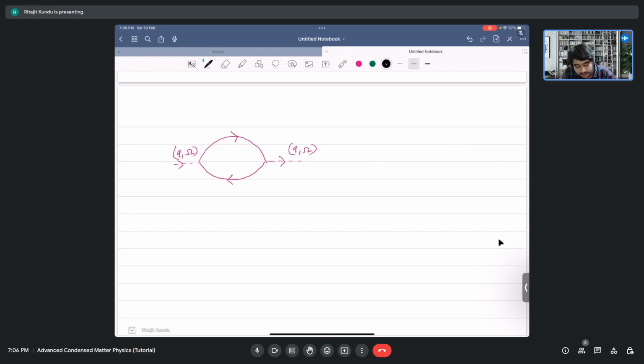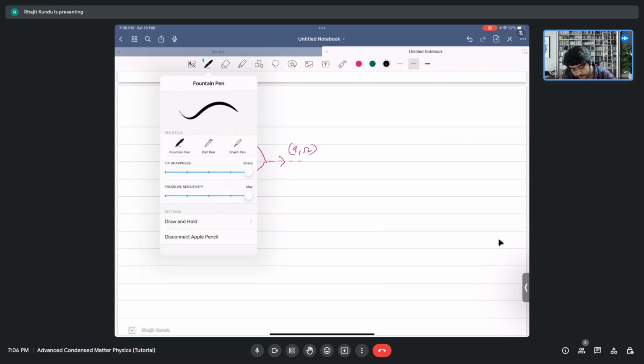So for example, let's first write the momentum and frequency for this one as k comma omega. This Green's function has a k comma omega, and it comes here. Now this and this have to be summed up so that momentum is conserved.